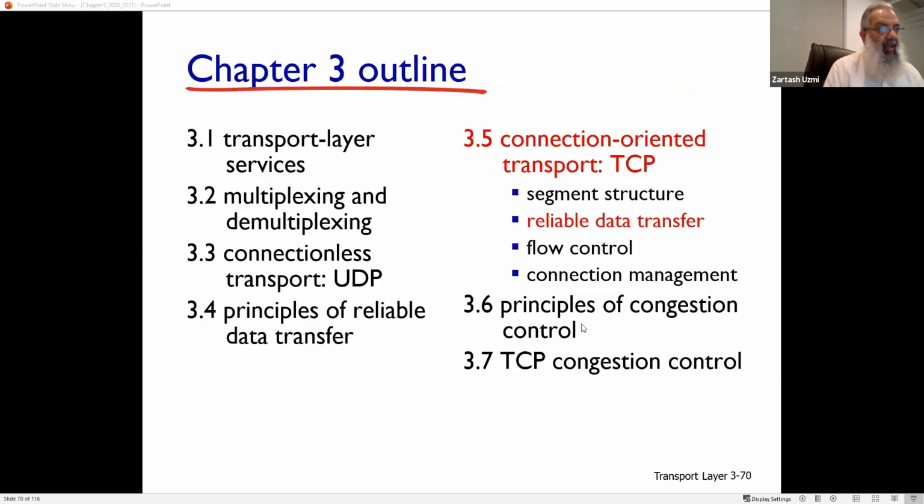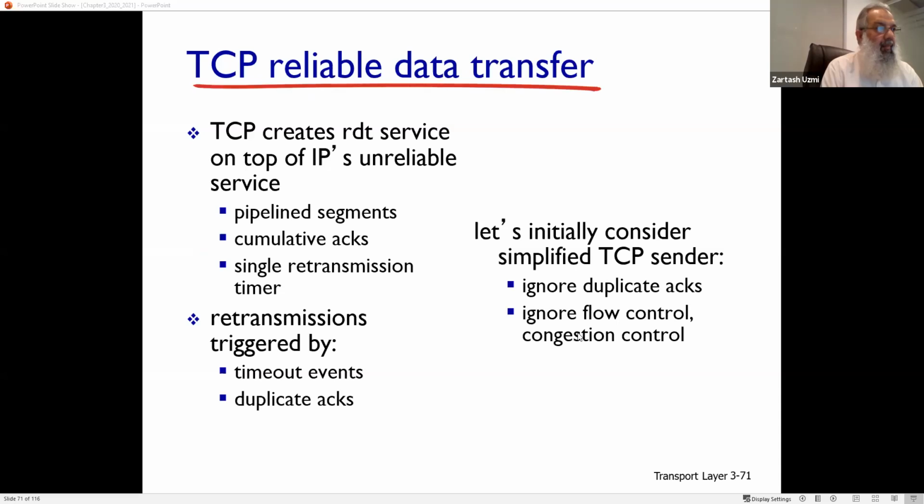Okay. So this is how it's done in practice. The TCP protocol, as we have seen, is a protocol where you're building reliability on top of an unreliable service. You send segments in a pipeline fashion.